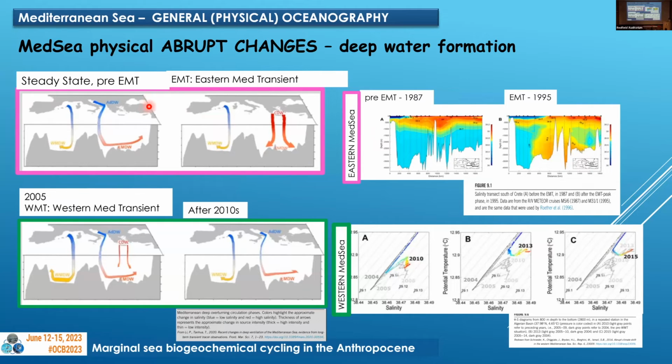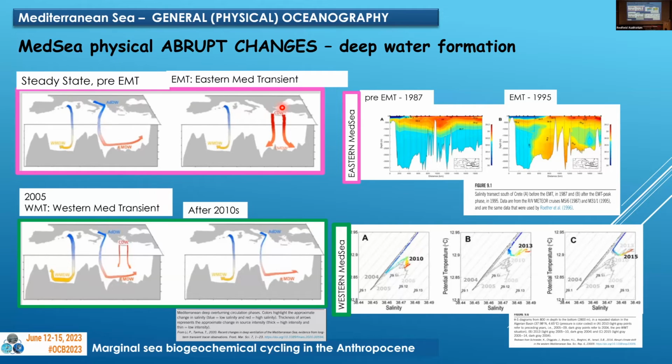Before the 90s, the Mediterranean Sea was thought to be in a steady state, where you had the main water formation for the eastern part in the Adriatic and in the western part in the Gulf of Lyon. But in 95, around those years, the Eastern Mediterranean Transient appeared, where the main water formation area changed and occurred in the Cretan Sea.